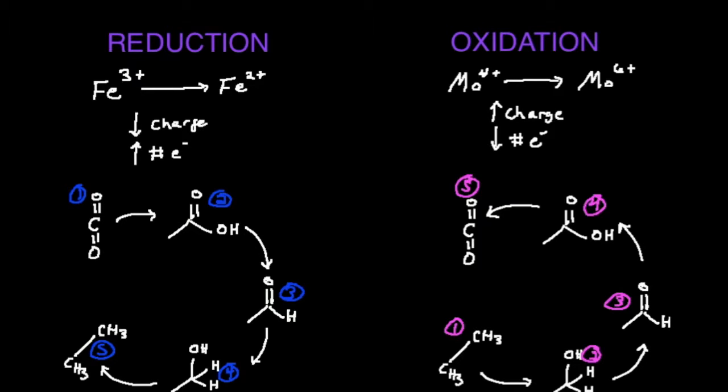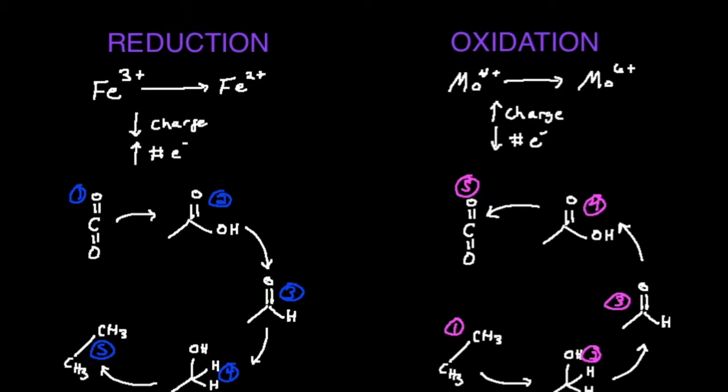If I have charges, like on metals, I'm going to start with reduction. If I go from iron 3+ to iron 2+, that's a reduction. Now how do I know that? Well, first of all, it's called reduction because the charge was reduced. It went from 3 to 2. So reduction is always going to be a decrease in charge.